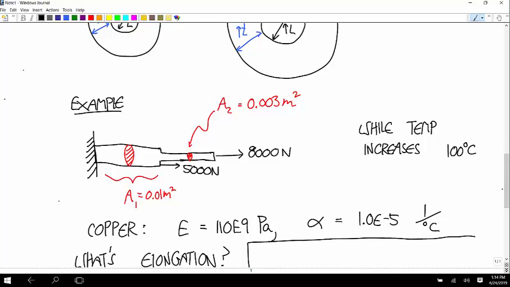Oh, that's a really good question. Not that amount of temperature, but yes, there is a bit of an effect. But 100 degrees Celsius for a metal is not very much.